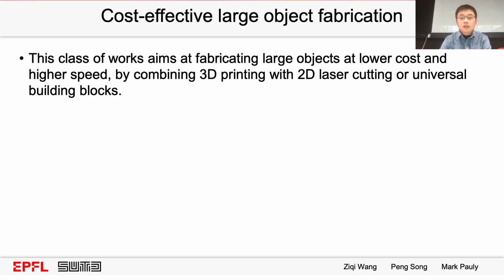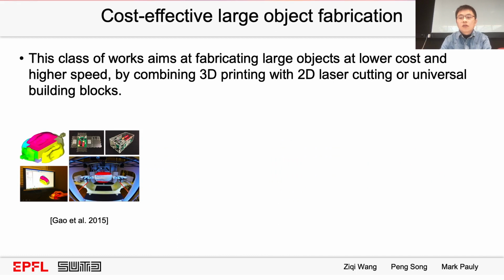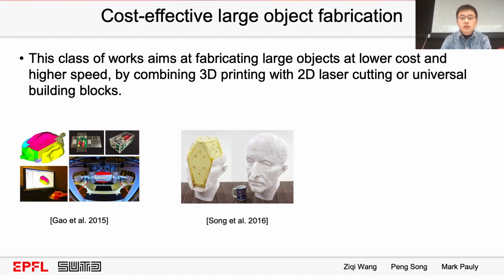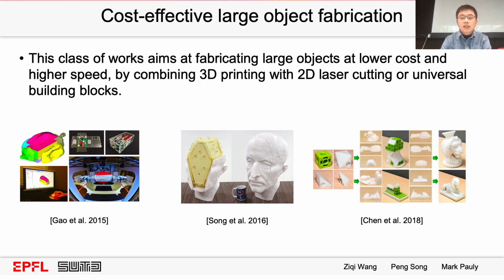The first application of mixed fabrication is to make large functional objects cost-effectively. Like these three projects, which try to fill the internal space of a 3D printing model with elements that are easy to make.